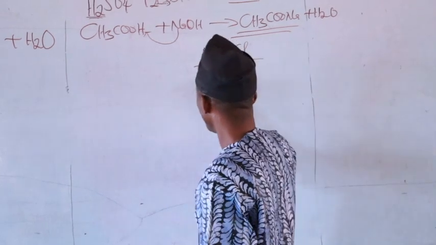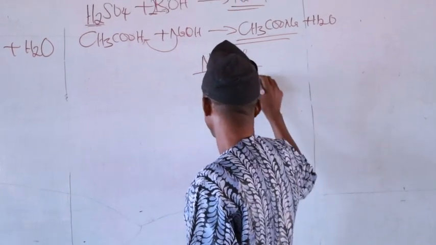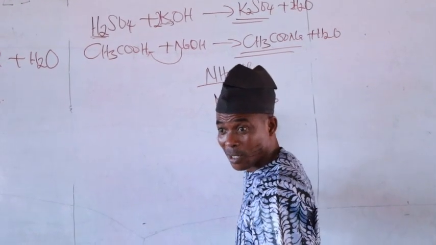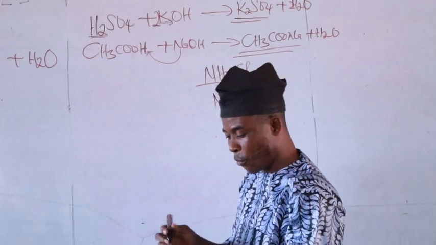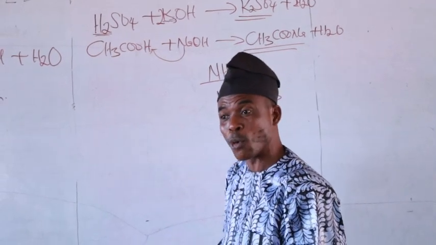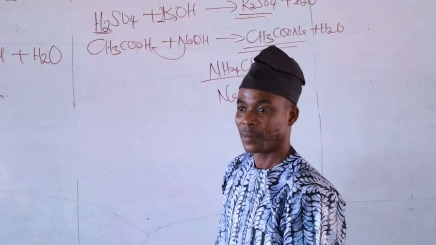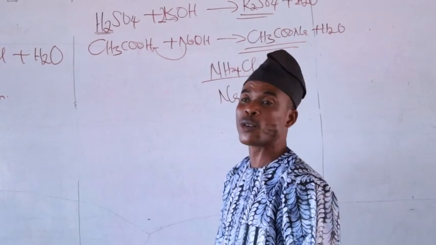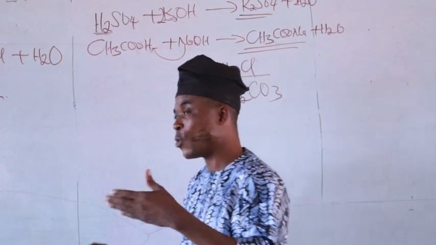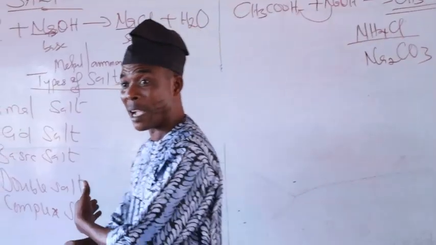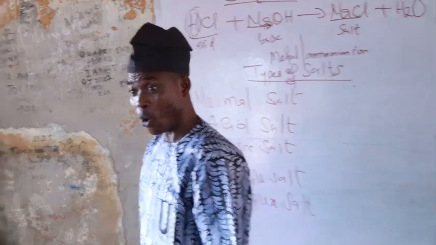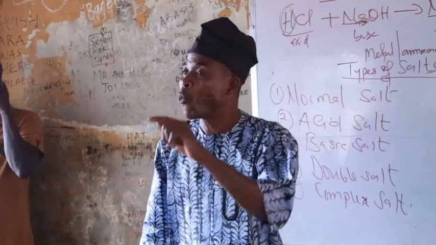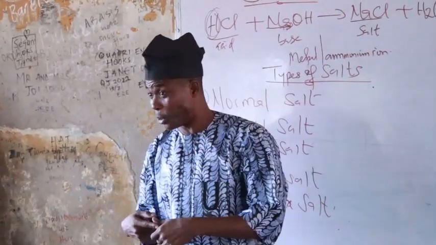Look at this. Na2CO3. What type of salt is it? It's a normal salt. But when you dissolve it in water, the solution becomes what? Alkaline. Two different ways. If you are talking of hydrolysis of the salt, when you hydrolyze the salt it could be either acidic, normal, or basic. But we are talking of how the salt was formed.